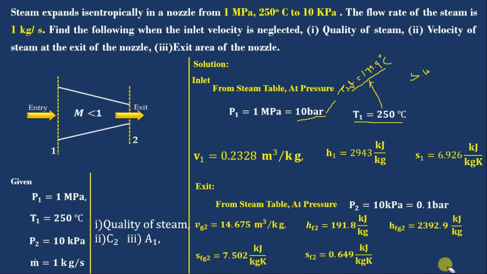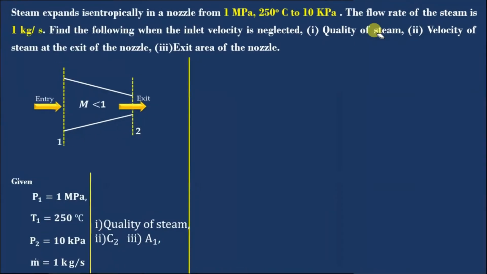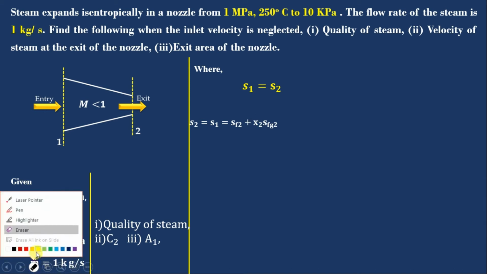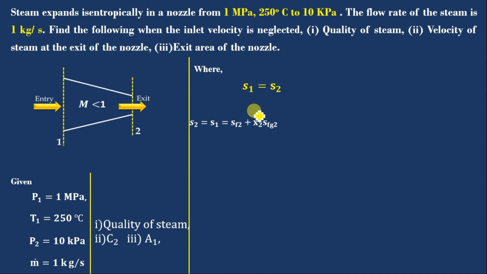These are the properties at state 2, but we need to know the enthalpy, entropy and specific volume at state 2. Since it's wet steam, we need to find out the quality of steam. It's wet steam, and how much wet it is, that we need to find out. We know that S1 is equal to S2, isentropic flow in a nozzle. So S1 is equal to S2 is equal to SF2 plus X2 SFG2. Take brackets for these two, then you will have a better understanding.